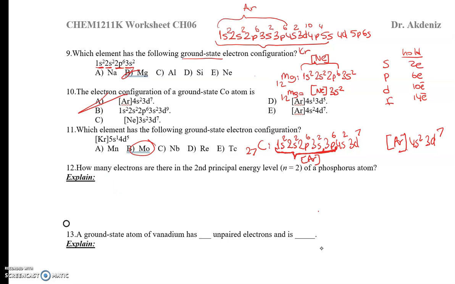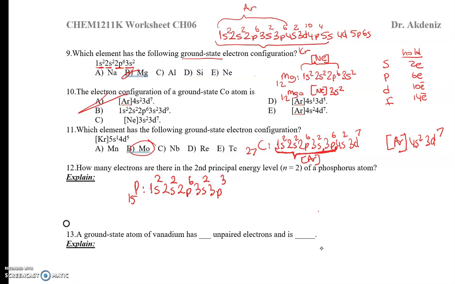Question 12 is asking how many electrons are there in the second principal level of phosphorus. And phosphorus has 15 electrons. So let's do phosphorus 15. I have 1s, 2s, 2p, 3s, and 3p. I got 2 here, 6 here, 10, 12, and 15. That's the configuration.